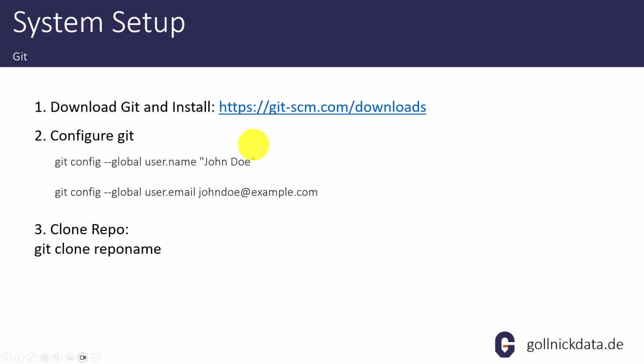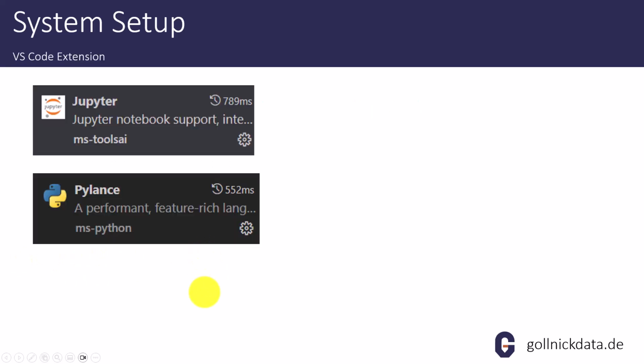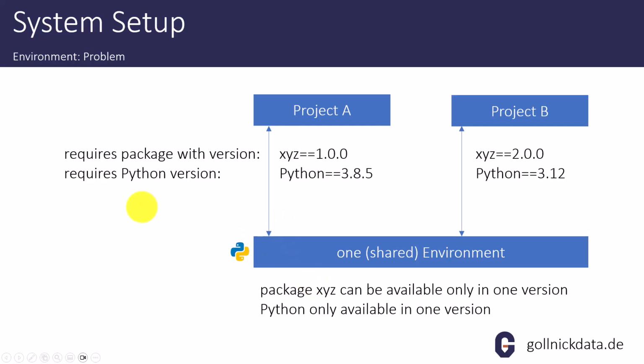Then here are the commands for configuration. You need to configure your username and email for the first time use before you can use it. And then you can clone everything with the command git clone. And you will see later how this works. Then, once we have installed our IDE, we also need to install certain extensions to make the interaction a bit easier. And now we're going to touch on the topic of environments.